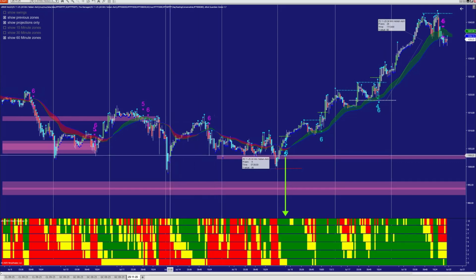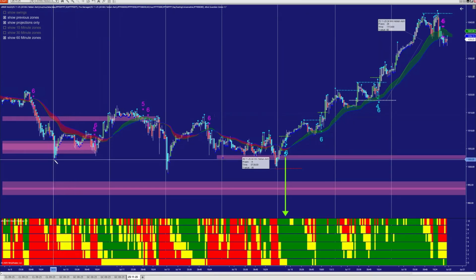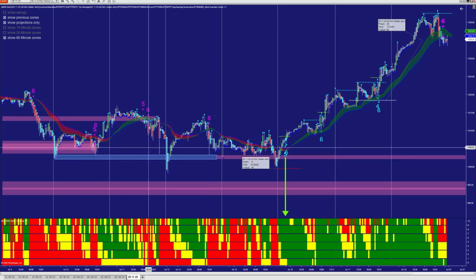That's the second, that's the first, that is here as well. If I just draw a line on here, I'm not exactly showing you how the algorithm works, but when we see the lines connected here, 1, 2, 3, 4, it starts to print a 60-minute zone because it's being respected.